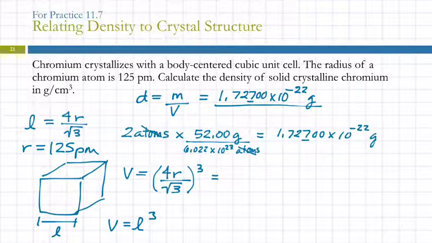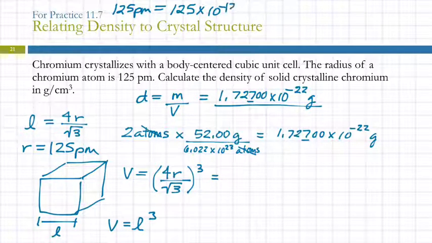Well, again, the radius is given in picometers because that's a great unit for the radius of an atom, but we're going to need centimeters cubed. So I'm going to do that same crazy thing I did before. So 125 picometers equals 125 times 10 to the minus 12 meters. Just writing in the numerical meaning of pico.